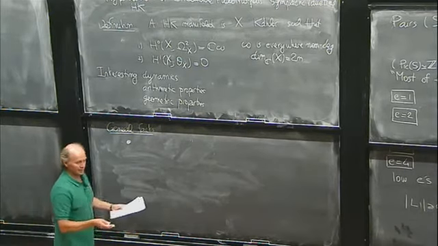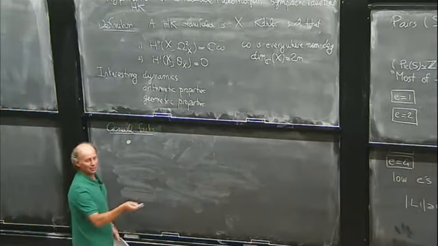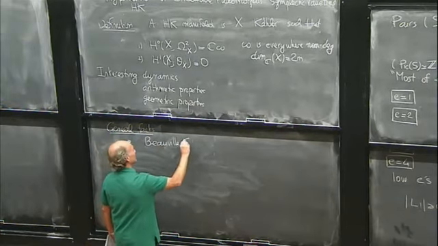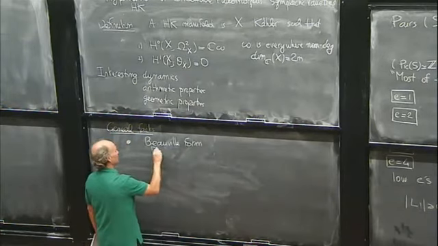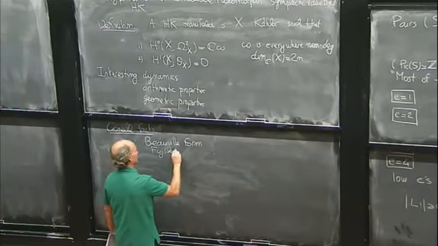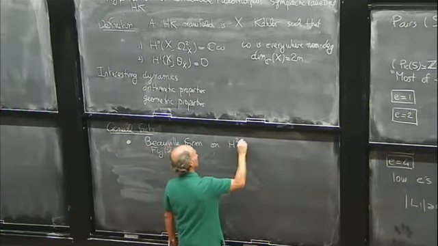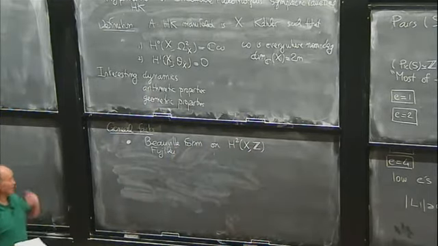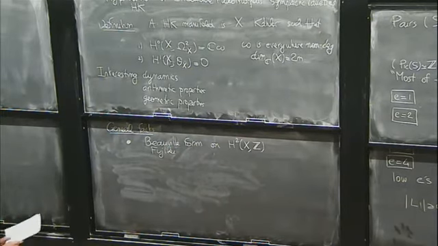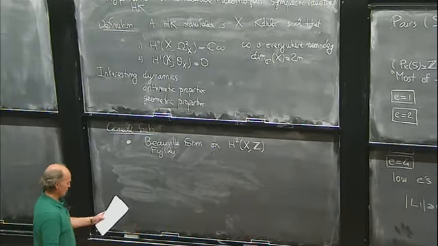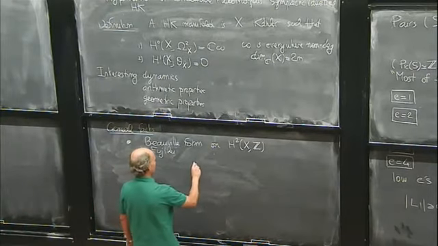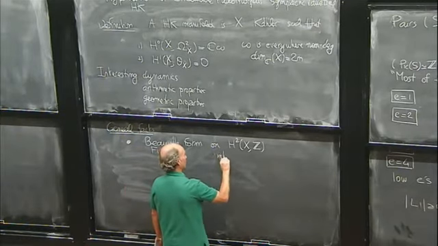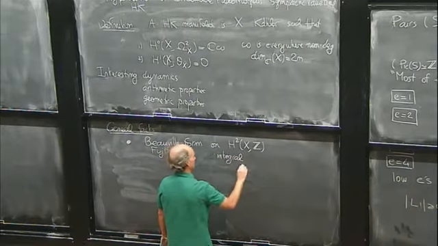It has many names, but let me call it the Beauville form. I guess Fujiki should be here also. So I won't give you the definition. I think I found a definition which I didn't know, which is sort of quick to write. So first of all, I should say that it's an integral form. I mean, it takes integral values.